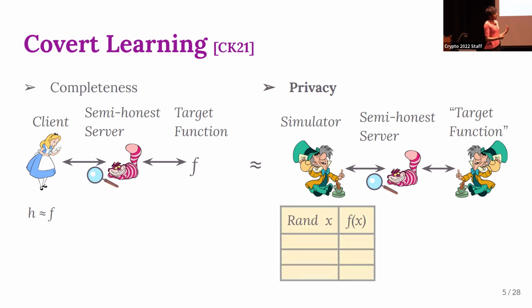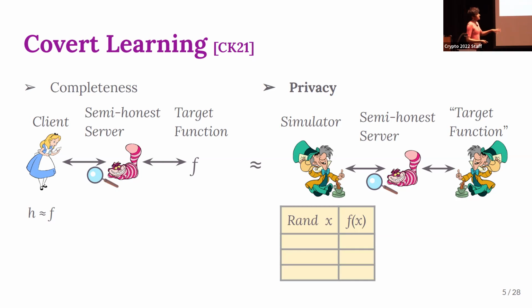This is particularly important because, as we mentioned briefly in PAC learning, the client is given random examples, and there's a difference between being given random examples and having direct query access. If the semi-honest server just sees random examples, or something indistinguishable from random examples, then it shouldn't be able to learn anything more than what would be PAC learnable.